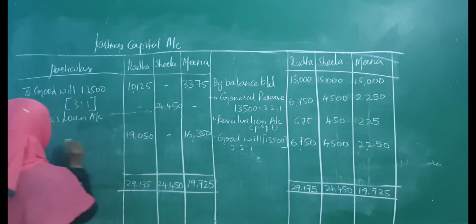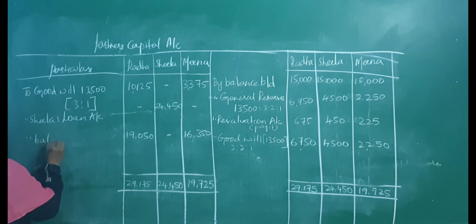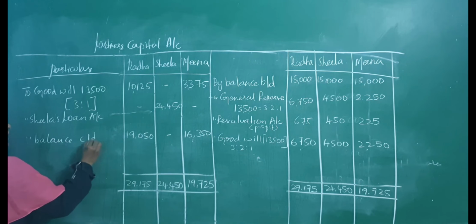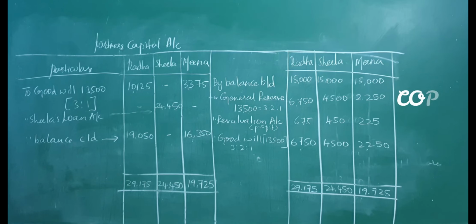This is to balance carried down. Fine. First for the retiring partner, then for other two partners. Now we'll just go for a balance sheet. See, goodwill, when you have taken both the side, now there is no need that you have to take it in the balance sheet. Fine.